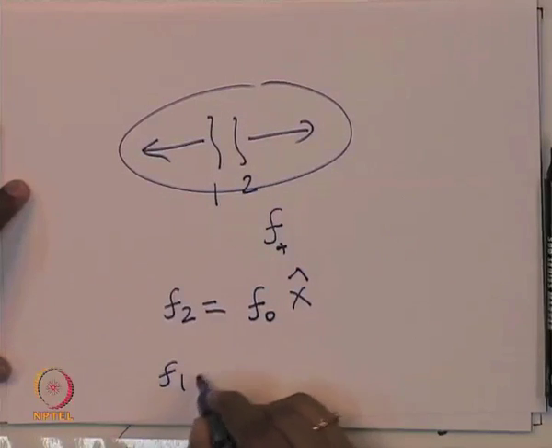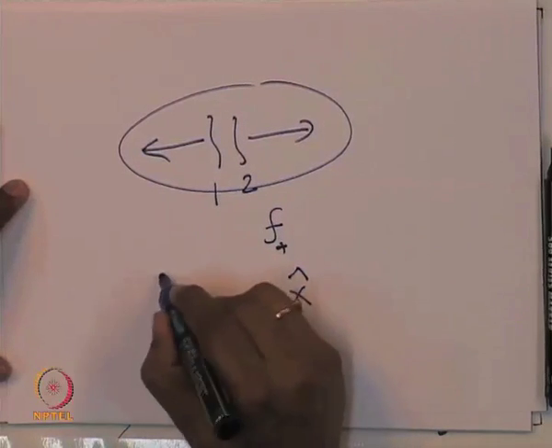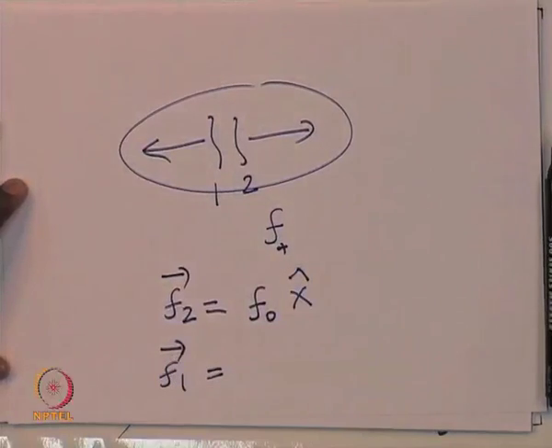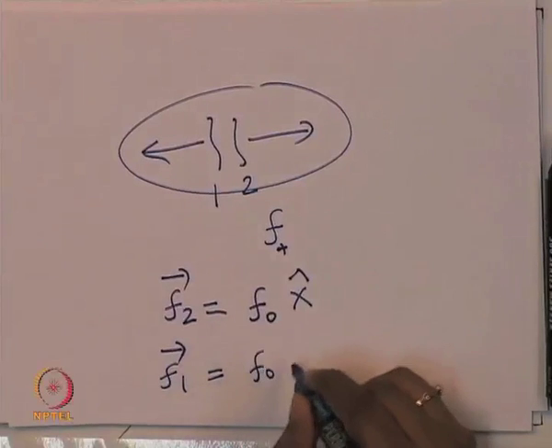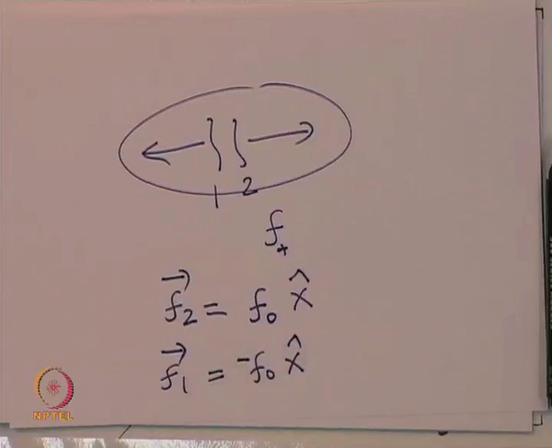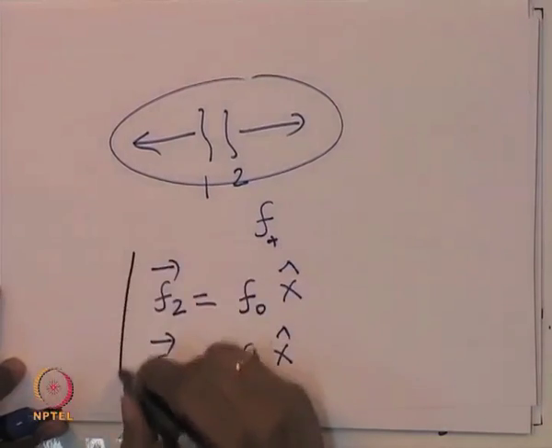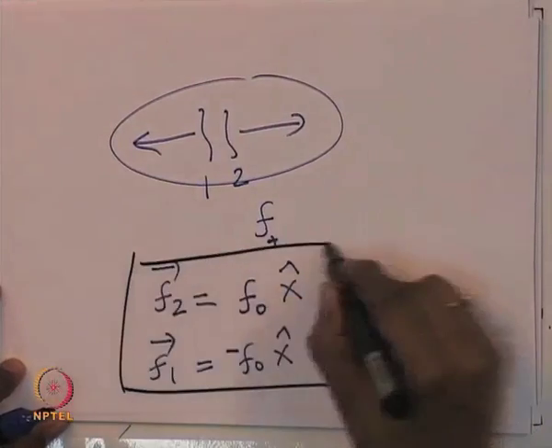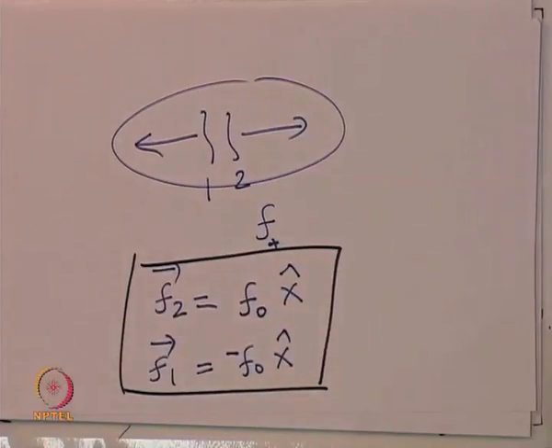And the force on 1 is also a vector, with the same F 0 but along minus x cap. So, there has to be a minus sign. One can write F 2 and F 1 in these simple forms, F 0 x cap and minus F 0 x cap, assuming that the force is constant.